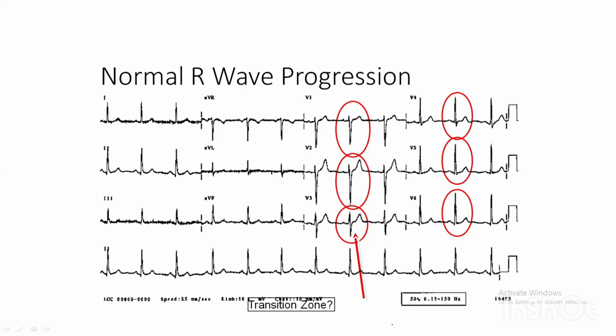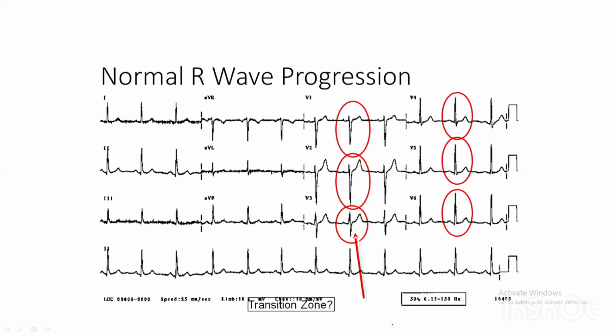If you see V1, there is a small R wave and a larger S wave, and if you go from V1 to V2, V3, V4, V5, V6, in V6 we have tall R waves and small S waves, or no S wave at all. So this is called normal progression of the R wave.